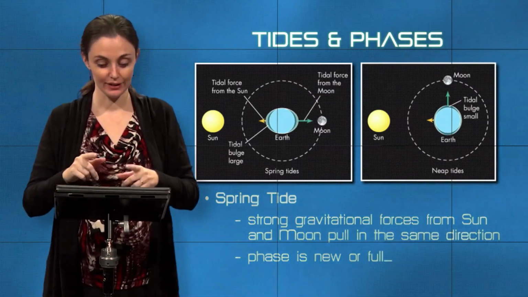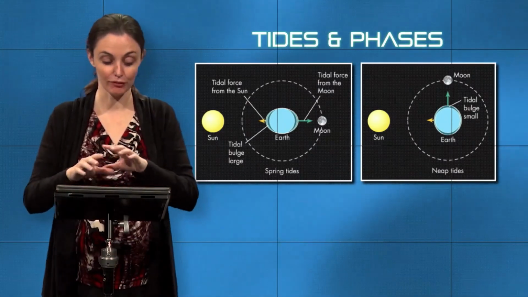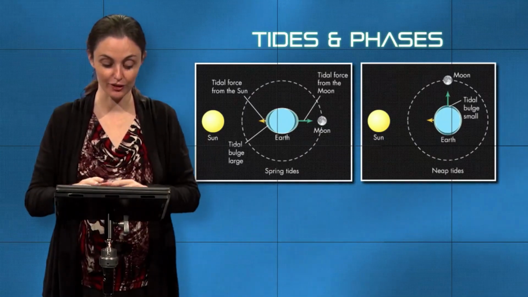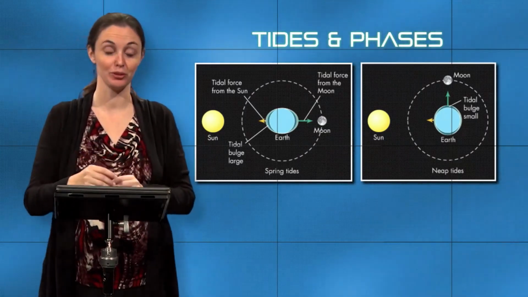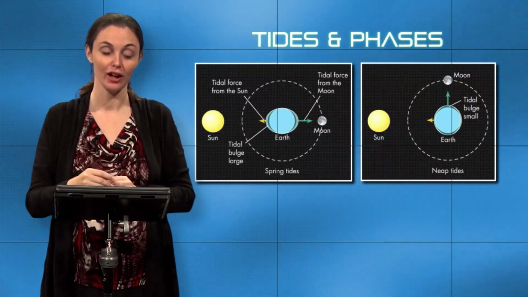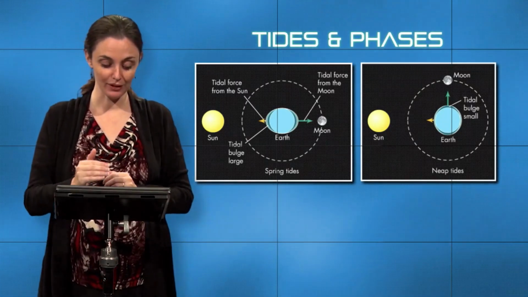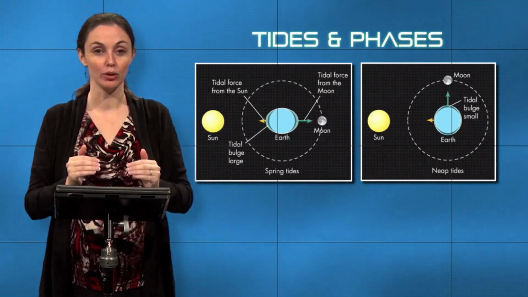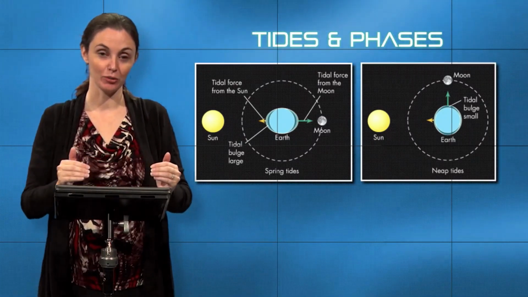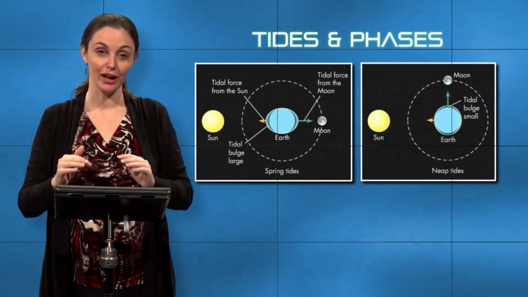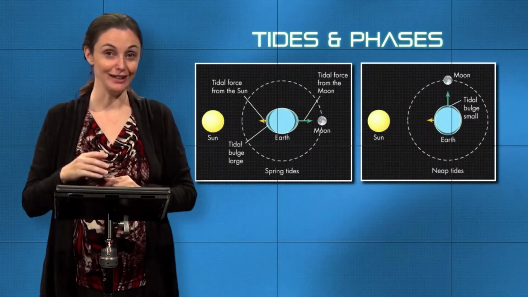Now, the next type of influence between these tides and the lunar phases is going to essentially be the opposite of spring tide phase. The spring tide is either going to be the new or the full moon phase. Basically, both of those are going to have the moon exist in the same line with the sun. If you get the exact opposite of that, it's called a neap tide.